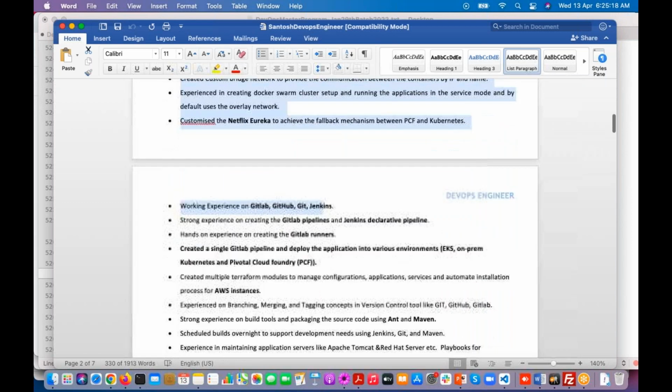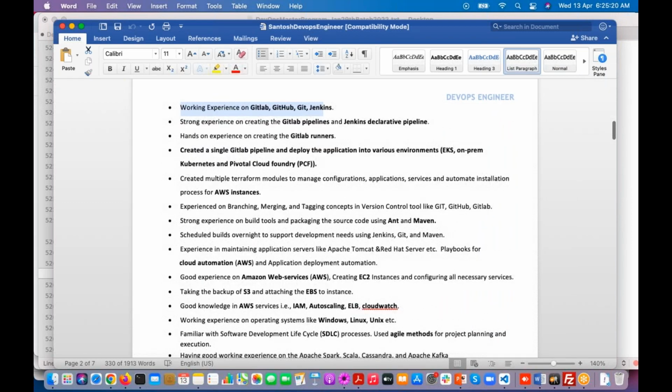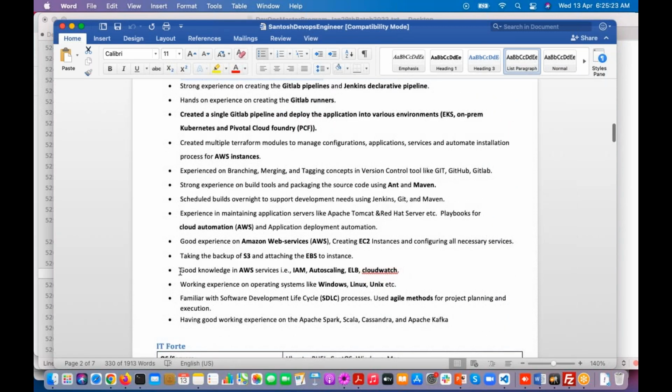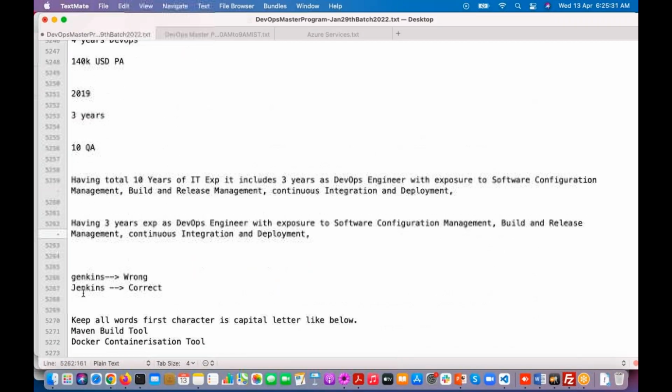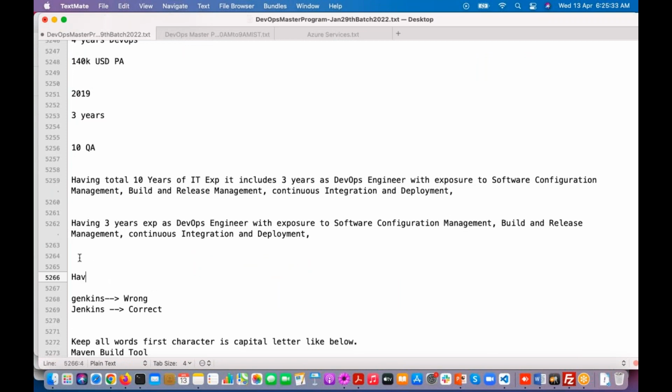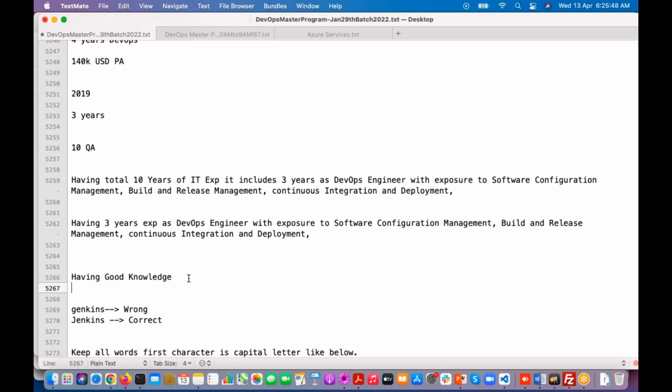See here, many things he mentioned. He says good knowledge in AWS services like IAM, auto scaling, ELB, CloudWatch. Guys, he is mentioning having good knowledge, and having good knowledge is different.